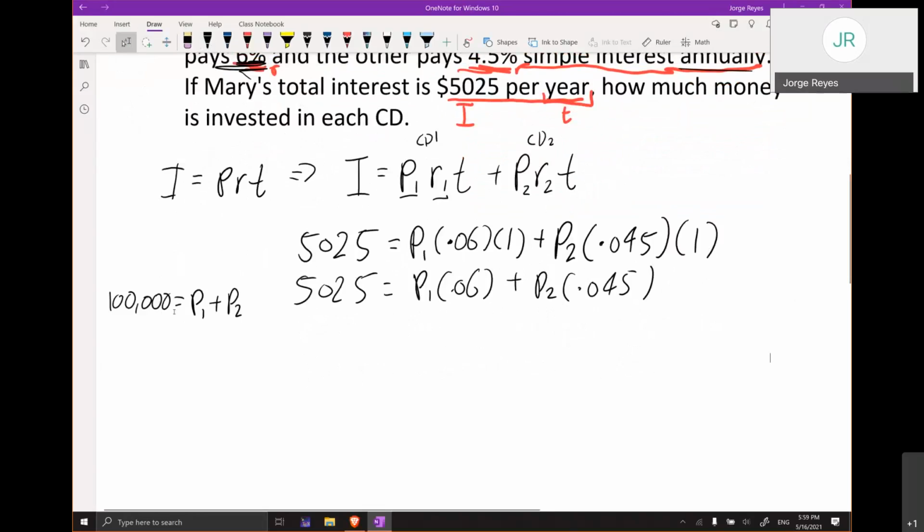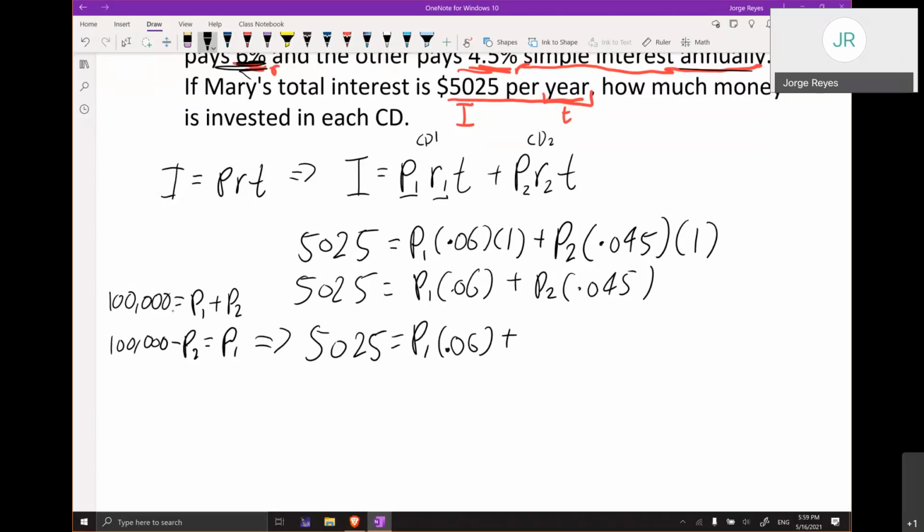So, to solve this for P1, I'm going to subtract P2, okay? So we can now plug this info in. So P1 is P1, all right? But P2 is now, oh, just kidding. I solved for P1, so that means I should plug this in for P1.